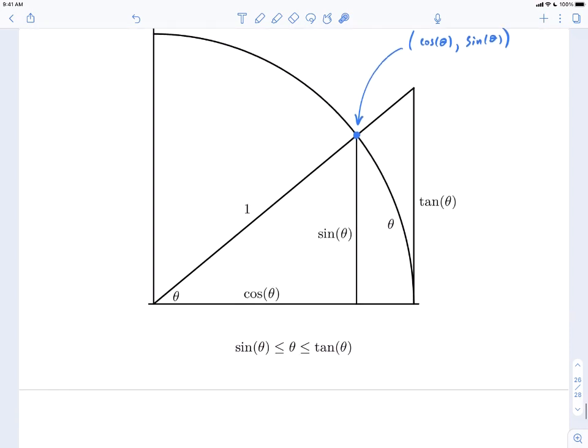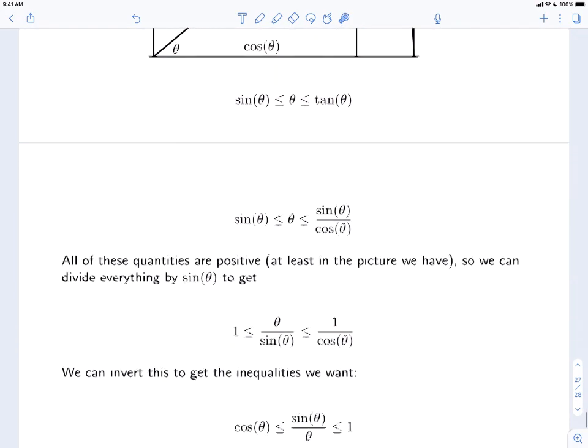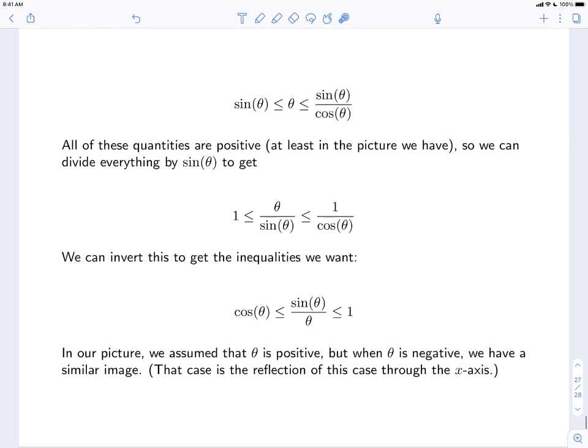Now, let's rewrite tangent of theta as sine of theta over cosine theta. All of these quantities are positive, at least in the picture that we have, so we can divide everything by sine of theta. Sine of theta divided by sine of theta gives 1. Theta divided by sine of theta gives theta over sine of theta.